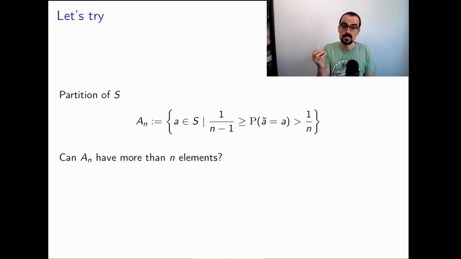So in particular, the sum of the ones that end up in An can also not be larger than 1. This means, because their probabilities are at least 1 over n, that there cannot be more than n points in each of these sets An.